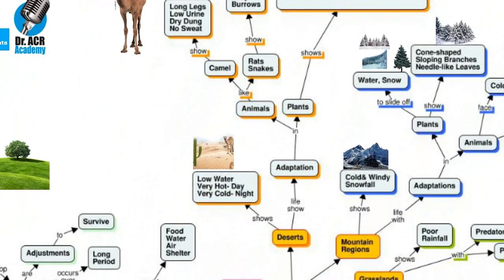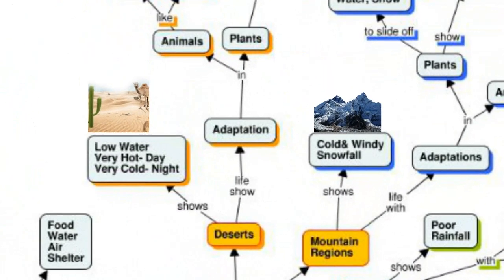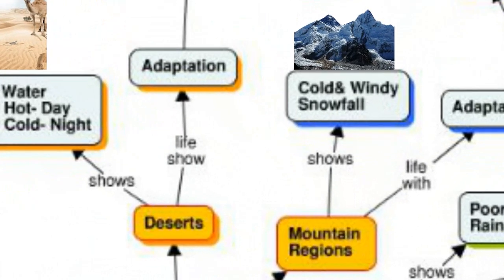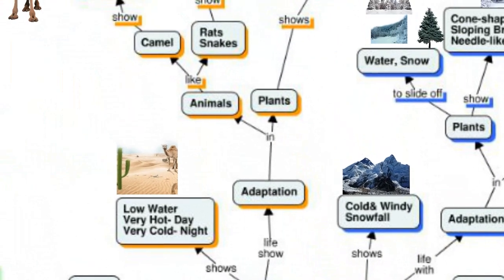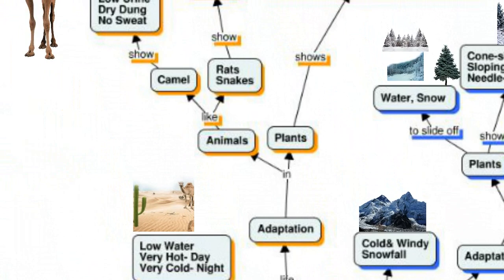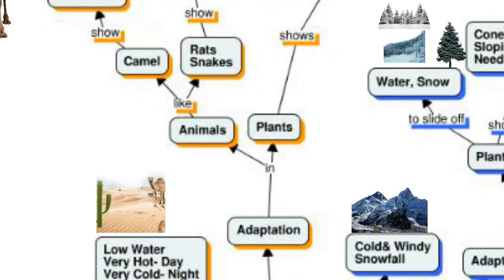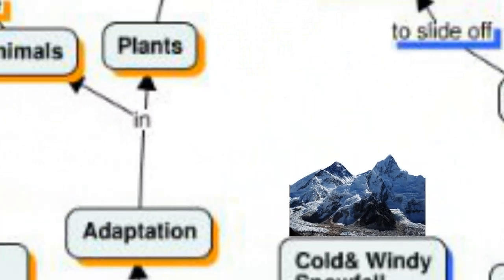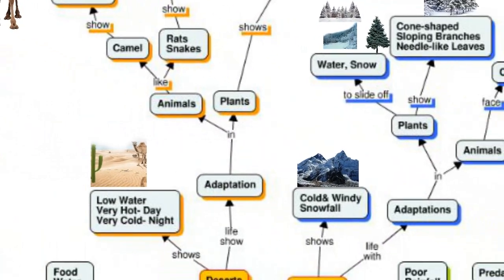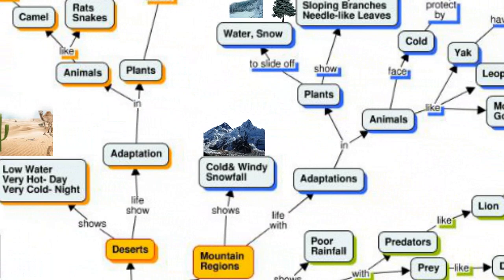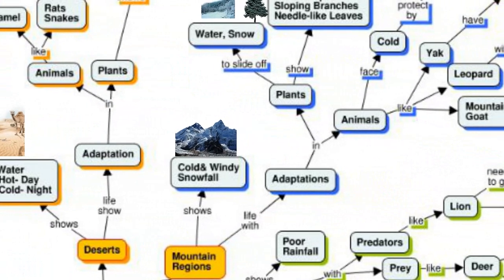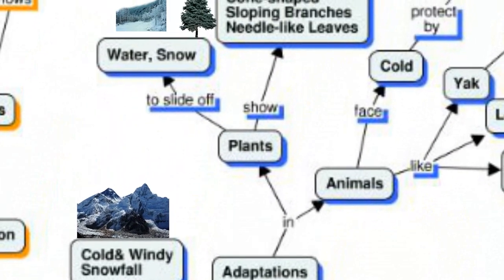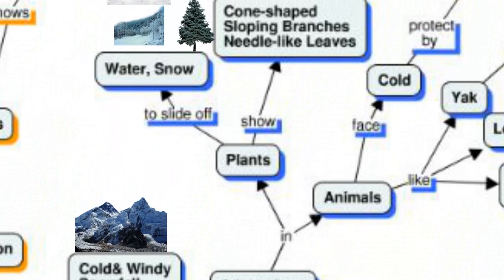Now we are going to talk about the adaptations in mountain regions. Mountain regions are very cold and windy, and they are full of snow. Mountain life is full of adaptations in both plants and animals. First we'll talk about plants.